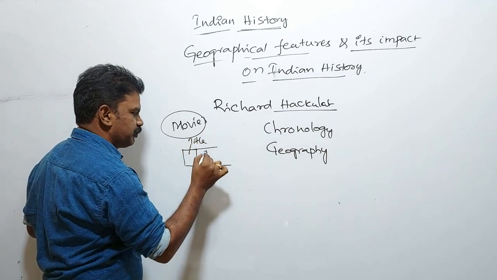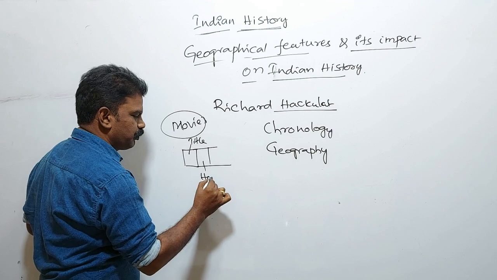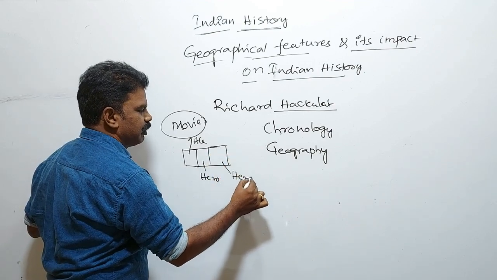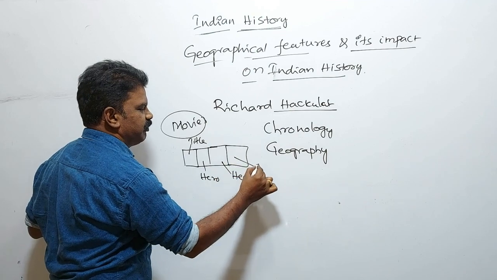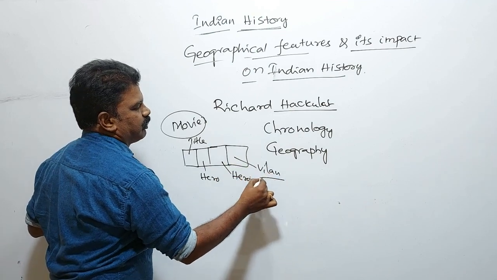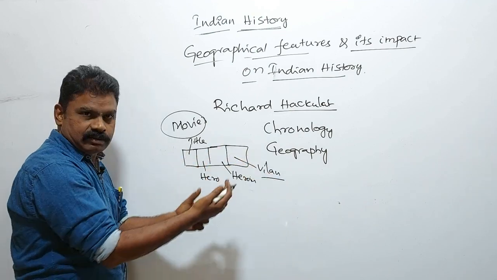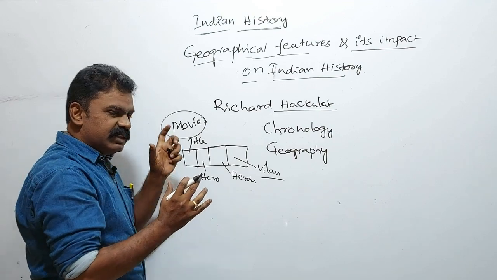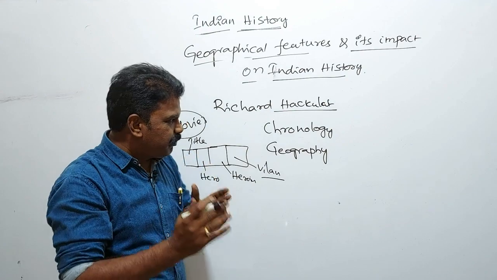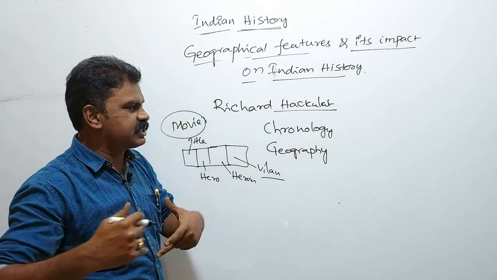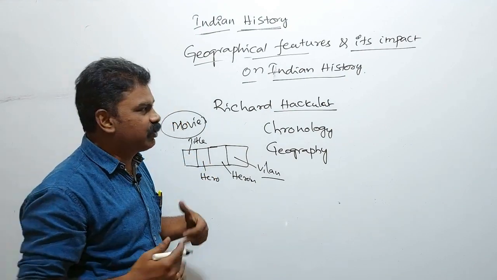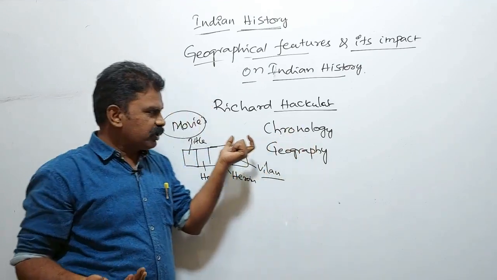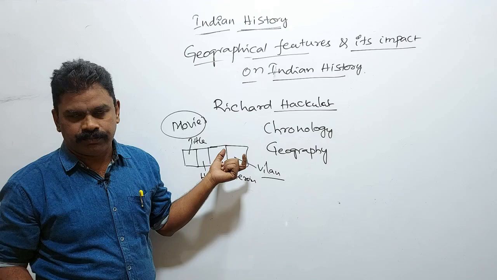After the titles, the introduction of the hero, after that the heroine, after that the villain. This is a story order. Same like that, Indian history should be kept in one chronological order, year wise. So chronology is most important for understanding history.